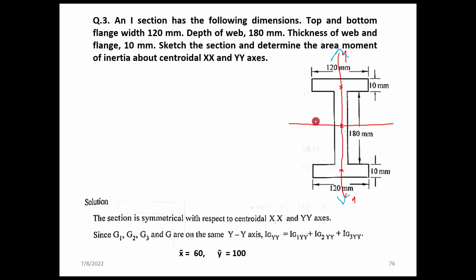So we located that from this point to this point, the value is 60, and the y bar is equal to 100. It is from this one to this one, because total height is 180 plus 10 plus 10, 200, so 100.